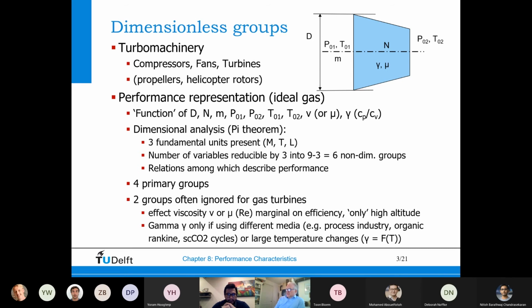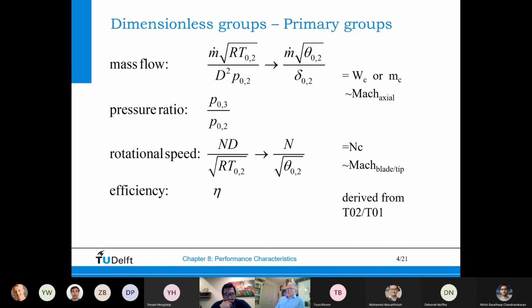So if we have very large temperature changes, or different media, then gamma will change substantially, and then we have to take that into account. So for aero engines, it's usually only the first one that we take into account.